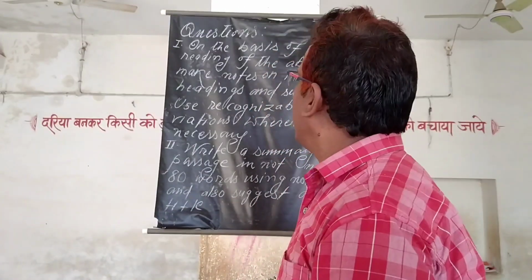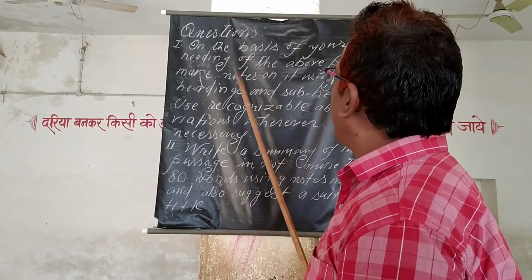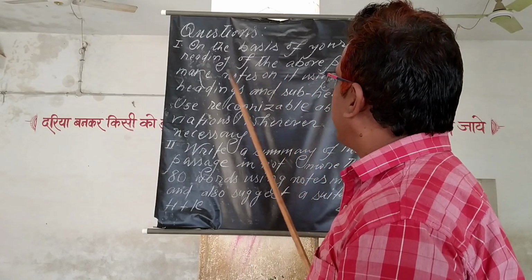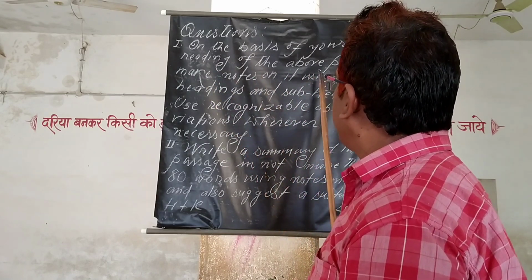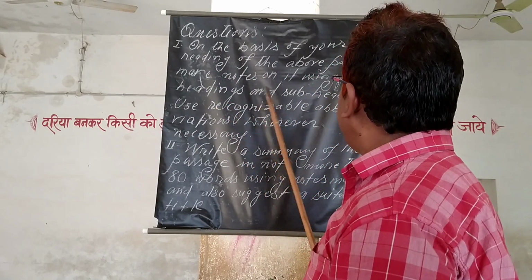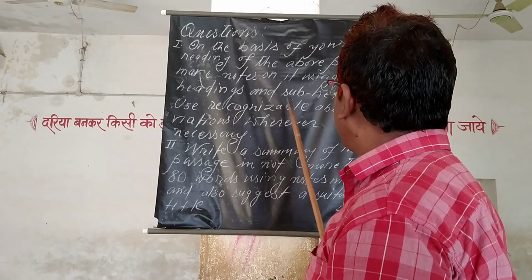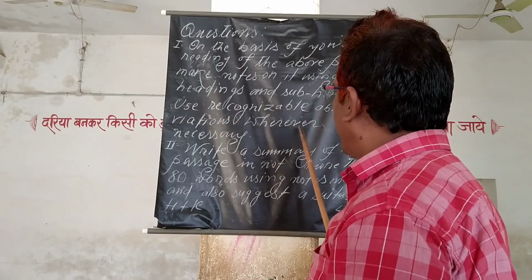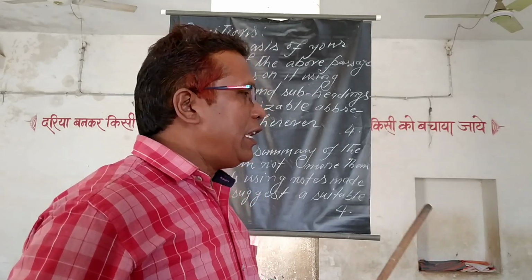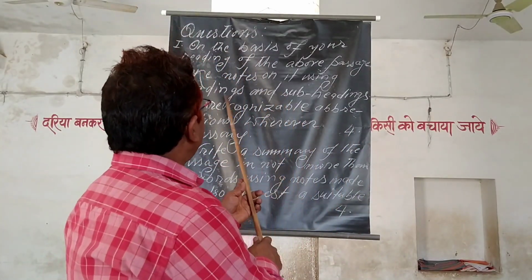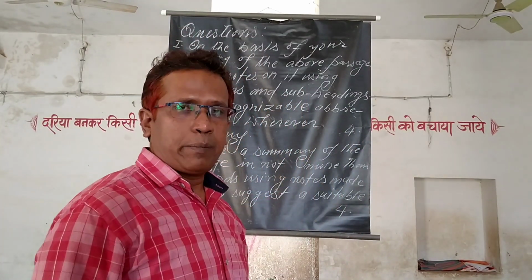In part 1, on the basis of your reading of the above passage, make notes on it using headings and subheadings, using recognizable abbreviations wherever necessary. In this question, there are two parts, there are two segments. In part 1, you can see headings and subheadings.